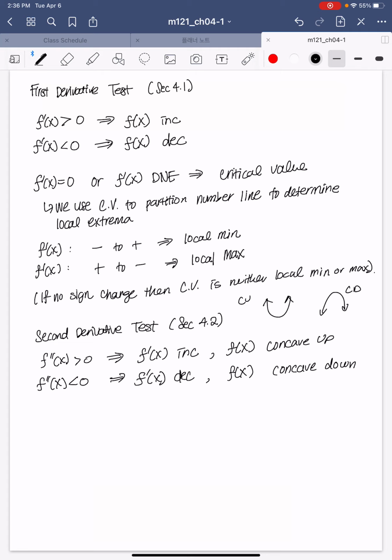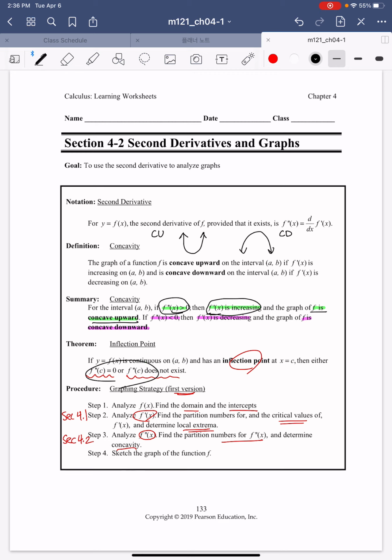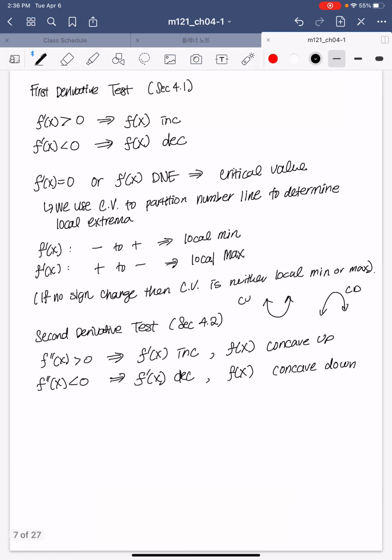What else? Just like the critical value, for the second derivative we use the inflection point. An inflection point is where the second derivative is equal to 0 or does not exist. So it's a similar concept to the critical value in the first derivative. If the second derivative is equal to 0 or does not exist, we call that point an inflection point.